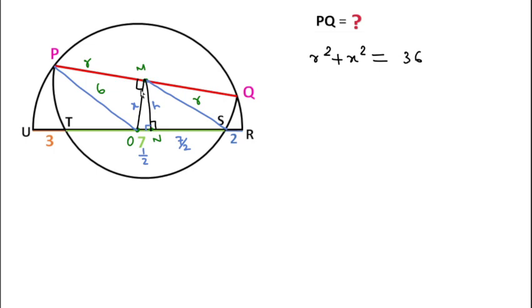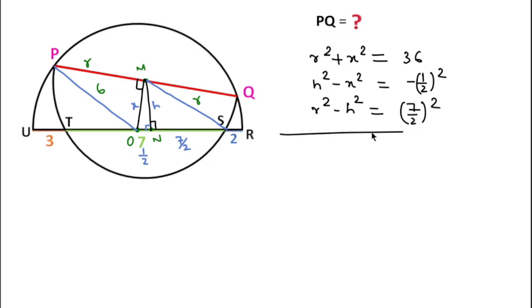And in triangle MON, using Pythagoras theorem, we can write here H square minus X square equal to minus 1 over 2 whole square. And also in right angle triangle PNS, we can write R square minus H square equal to 7 over 2 whole square.